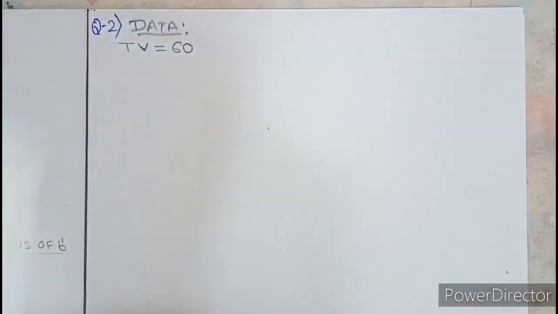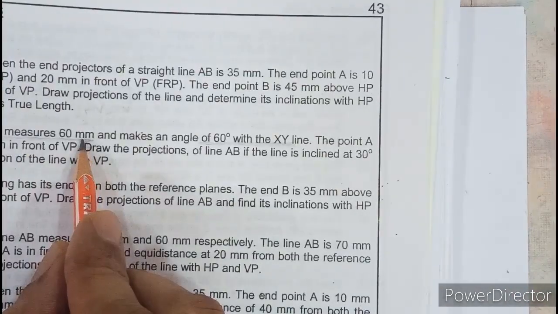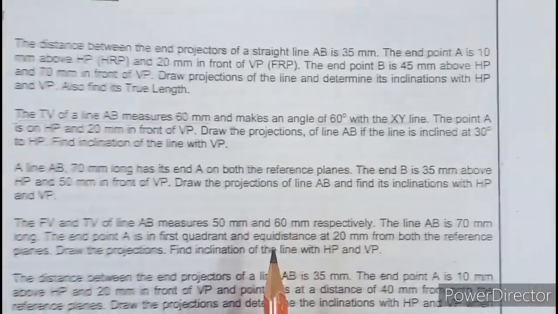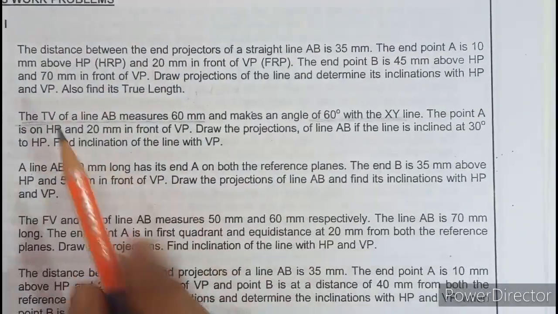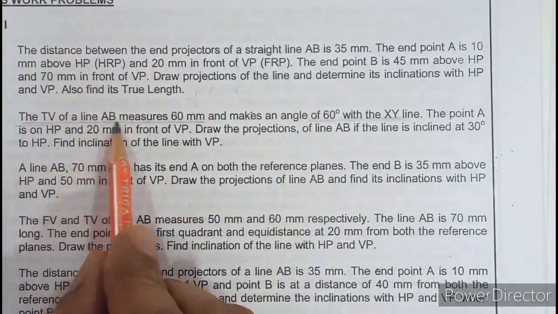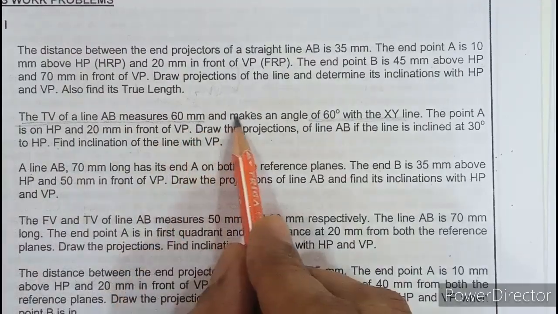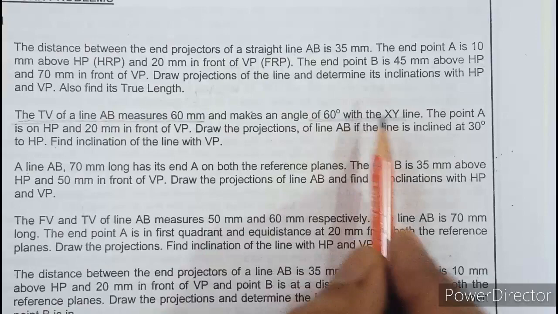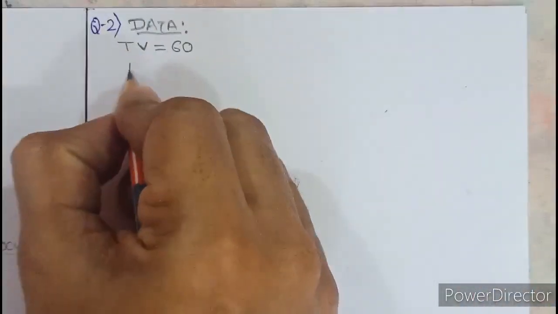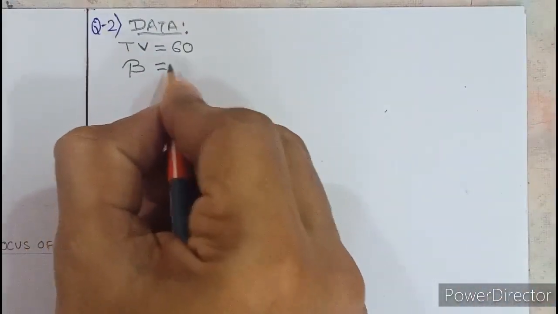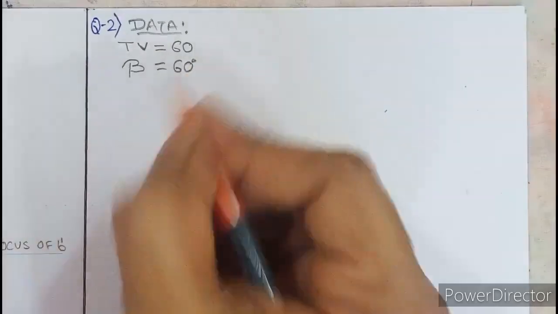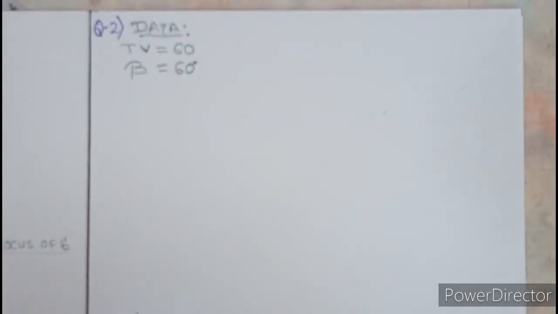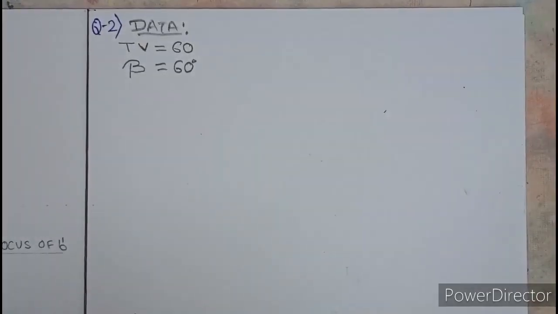The top view of a line AB measures 60 millimeter and makes 60 degree with xy line. This angle 60 degree is nothing but beta, so we'll write beta equal to 60 degree. This is our second data. Out of 12, the total data that will be given is 5, so that we are aware of. Okay, next let us proceed.